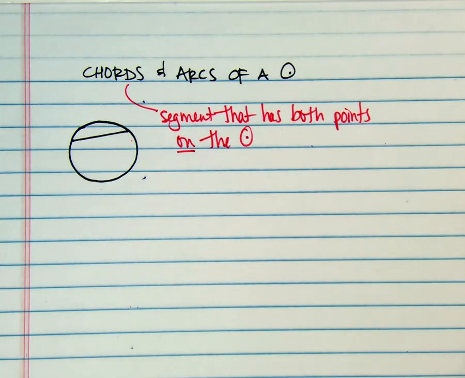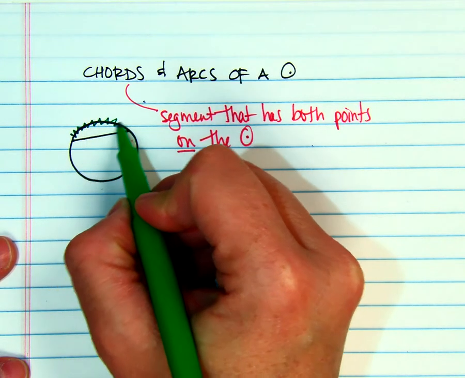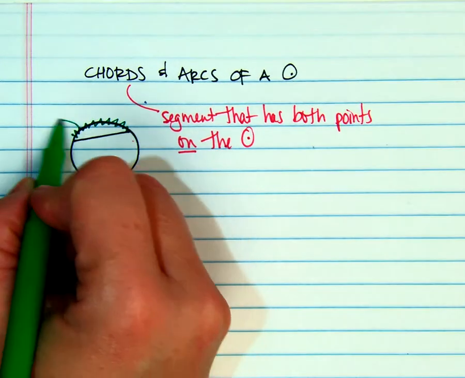Okay, this would be called the arc of the chord. Talking about the outside, so this would be the arc of the chord.